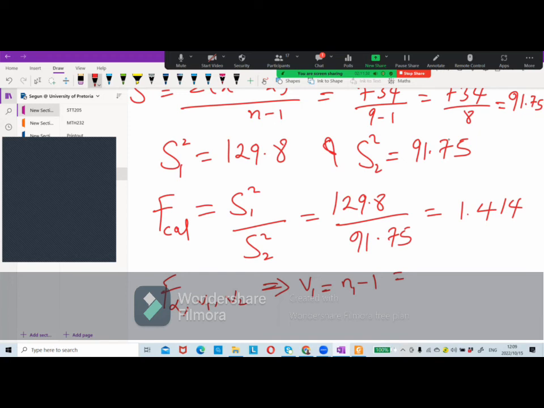Our X1 will be our N1, so that will be 11 minus 1, which is 10. V2 will be what? 9 minus 1, which is 8.